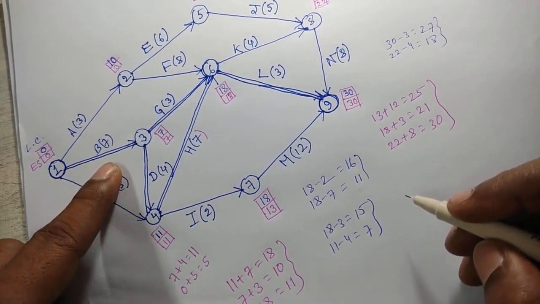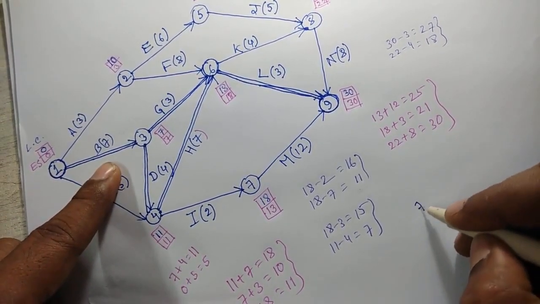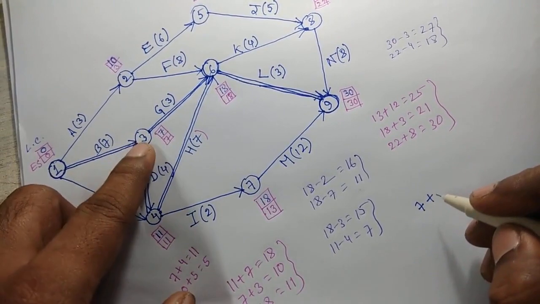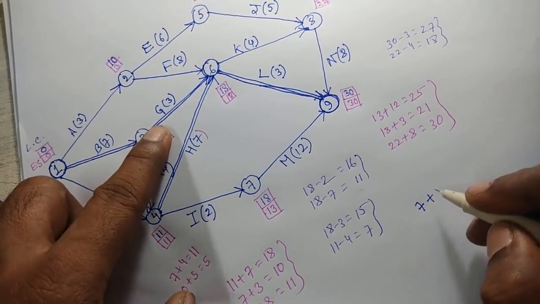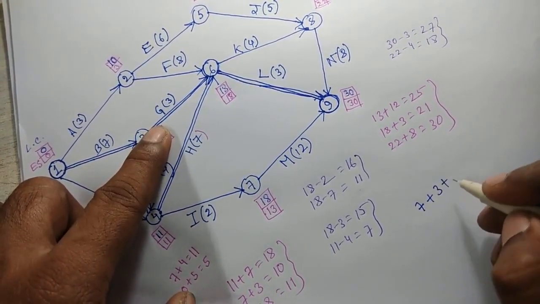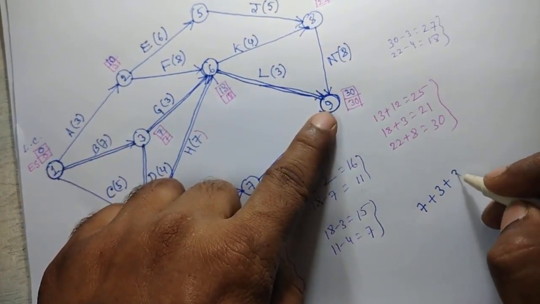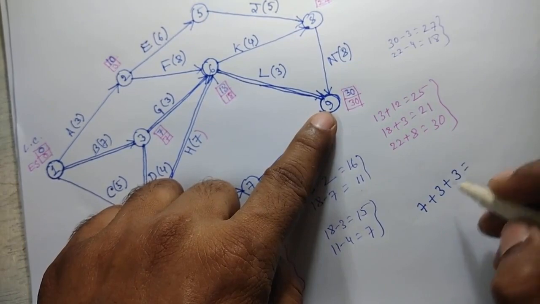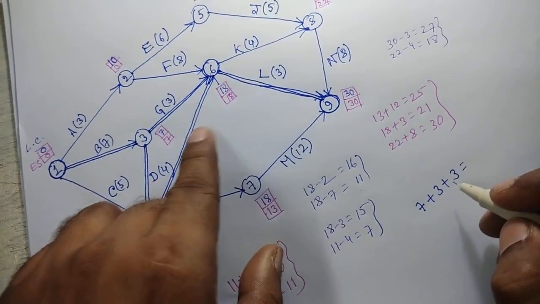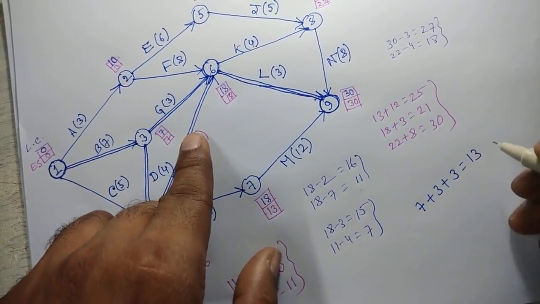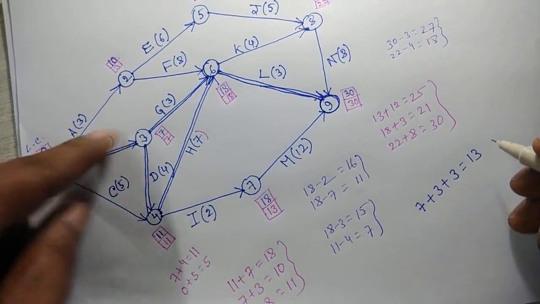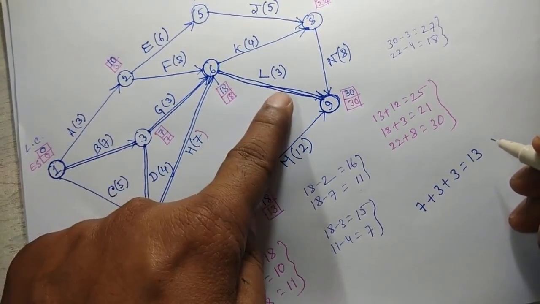For 1 to 3, it is 7, plus 3 to 6, it is 3, plus 6 to 9, it is 3. That is 13. 7 plus 3 plus 3.